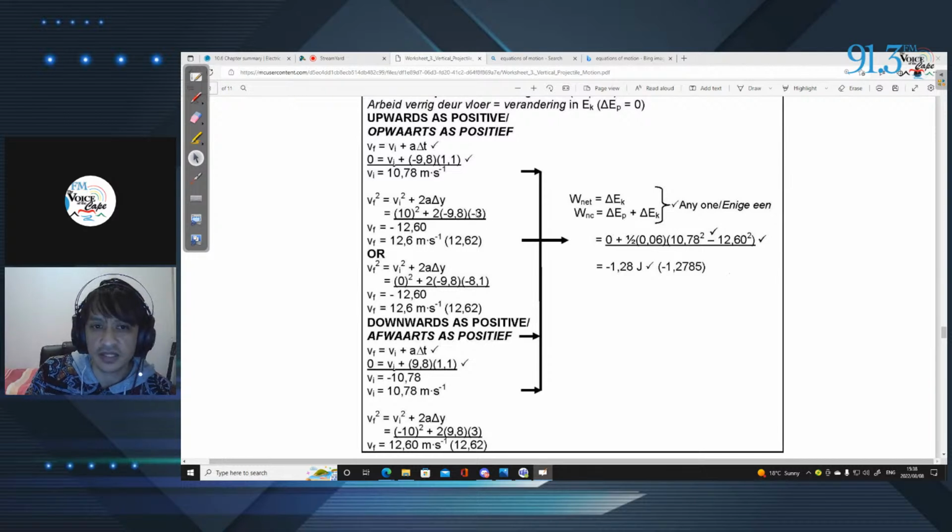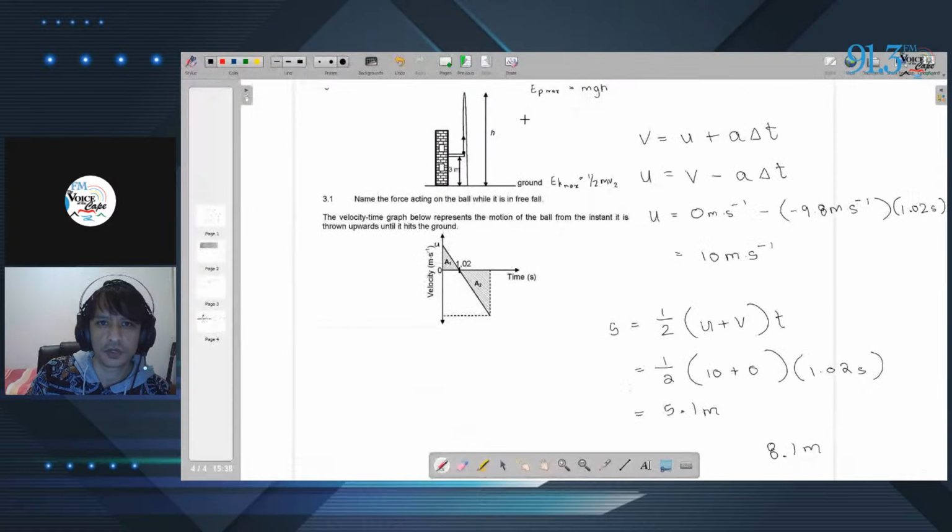Right? The reason they said minus 3 is because we are 3 meters below the original starting position. Remember, when we initially did the calculations, we selected this point as the official starting position of 0 meters, right?